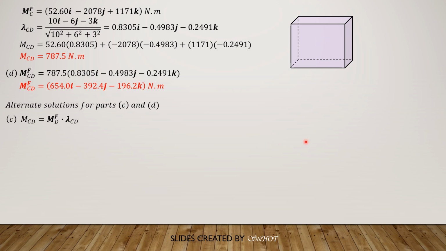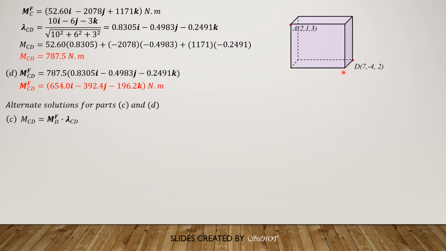Then let's have the positions of A and D. So D is in front, at the back, right, and below point A. Remember that point A is 2, 1, 3 and D is 7, negative 4, 2. So 7 minus 2 is positive 5.